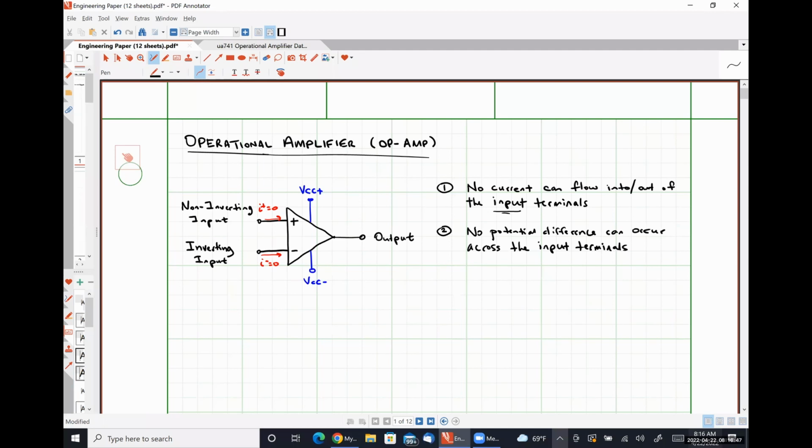Okay? The reason why this occurs is because negative feedback constrains what's called the voltage gain, or the open loop voltage gain, of the system. Okay? So an amplifier circuit, its goal is to make the input signal larger.